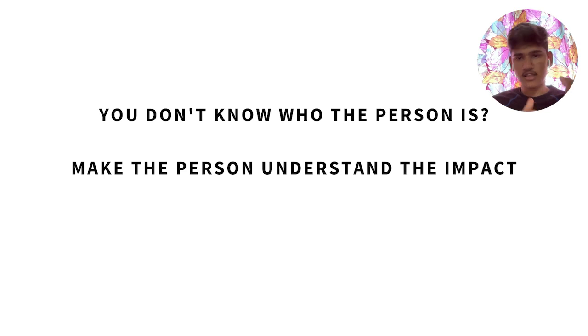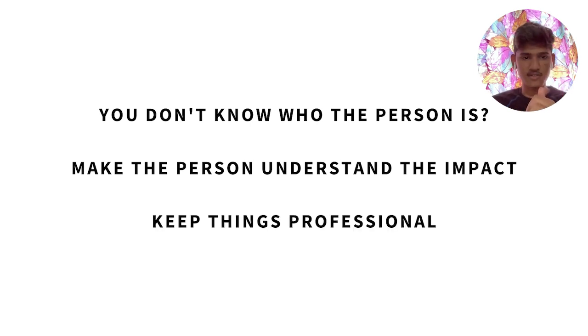Make the reviewer properly understand the impact of the vulnerability. It is the crucial thing in a vulnerability report. And finally, keep things professional. Avoid grammar mistakes. Properly indent and give spaces wherever necessary so that the report is easily readable and understandable. And try using markdown wherever possible.